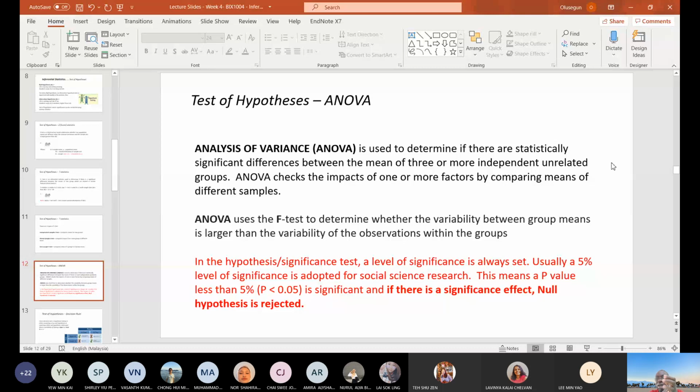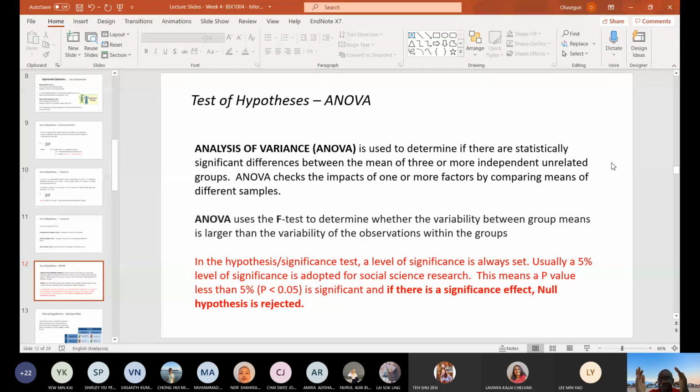Most of the time when we are talking about the level of significance, there's what we call a p-value. P-value is talking about the error level to be less than 5%. If the p-value is less than 0.05, which is 5%, then we say it is significant.